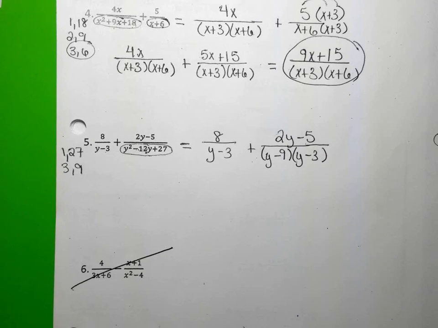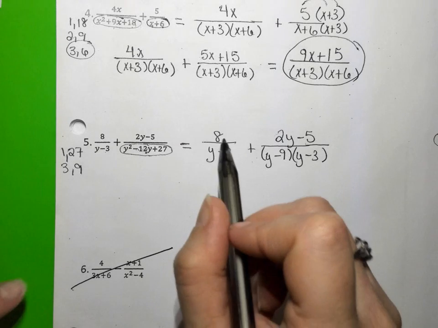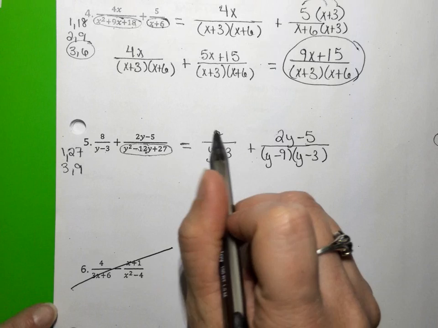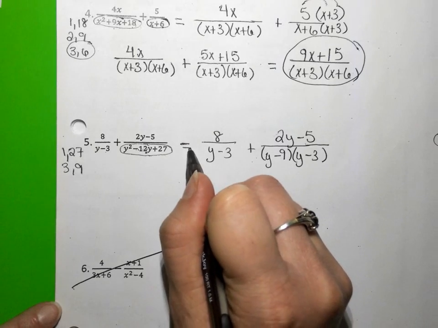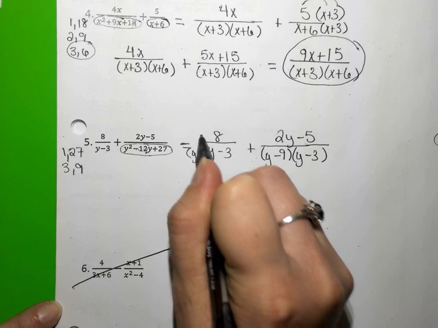All right, so in order to add, they have to be the same denominator. What do I have to do to make them the same? Y minus 9 here, okay. So if I do it to the bottom, I do it to the top.